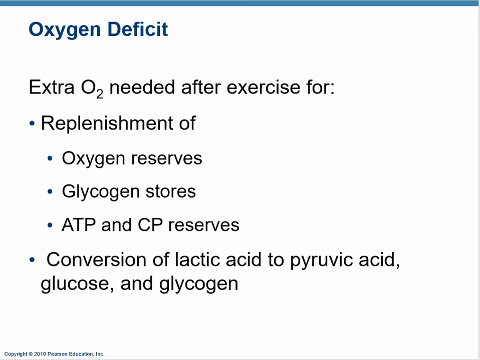And we use this to replenish the oxygen reserves in the myoglobin, the glycogen stores, the ATP, the CP, and to get rid of the lactic acid. It's a very common thing, and it's the reason we huff and puff after some anaerobic activity. We're trying to replenish the oxygen that we would have delivered, but we couldn't.